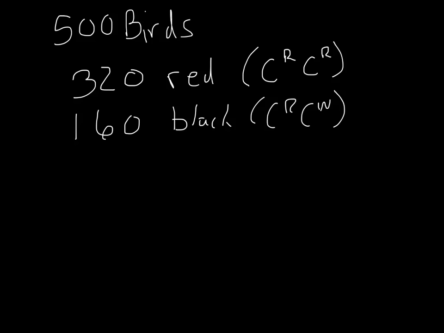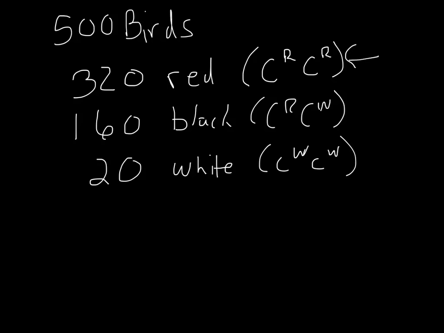And then 20 to equal up our 500 are white, CW CW. And you can easily think of this as homozygous dominant, this is going to be our hetero, and this one is our homozygous recessive.